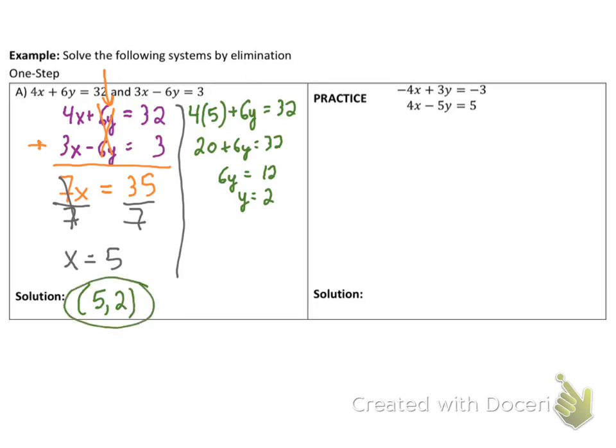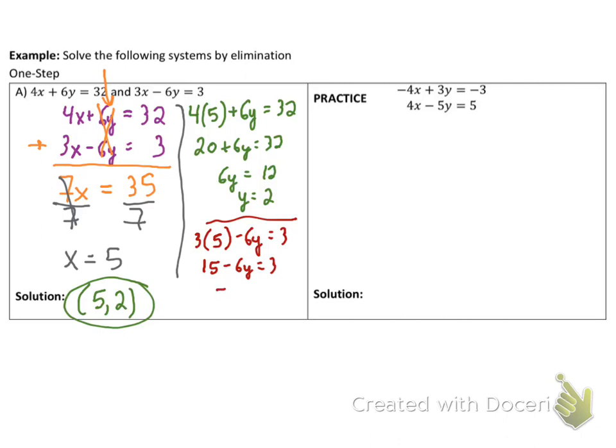All right, just so you guys can see, if I plugged x into the other equation instead, 3x minus 6y equals 3, that's going to be 3 times 5 minus 6y equals 3. 3 times 5 is 15, so I got 15 minus 6y equals 3.